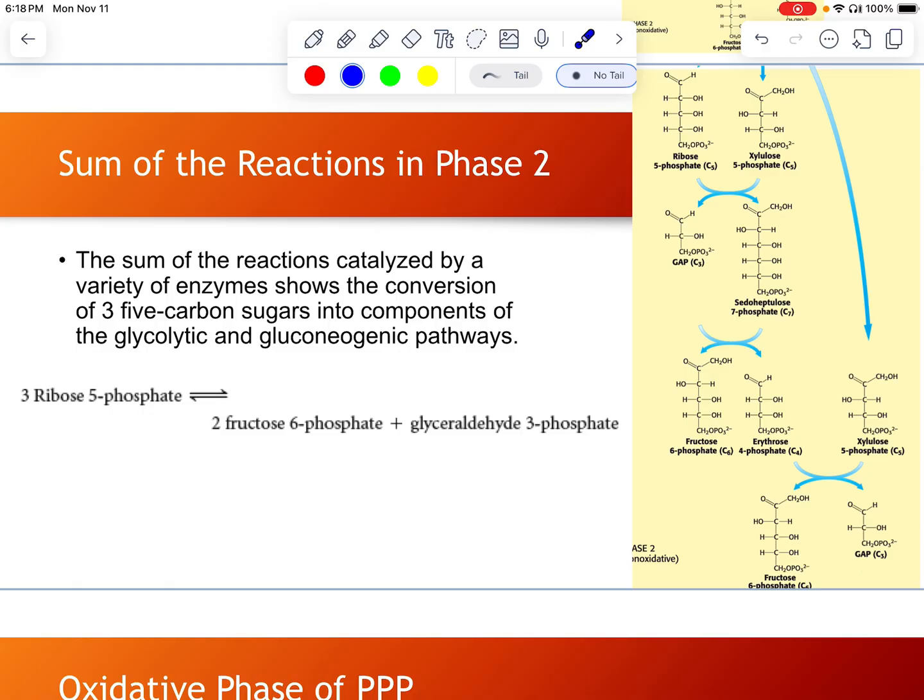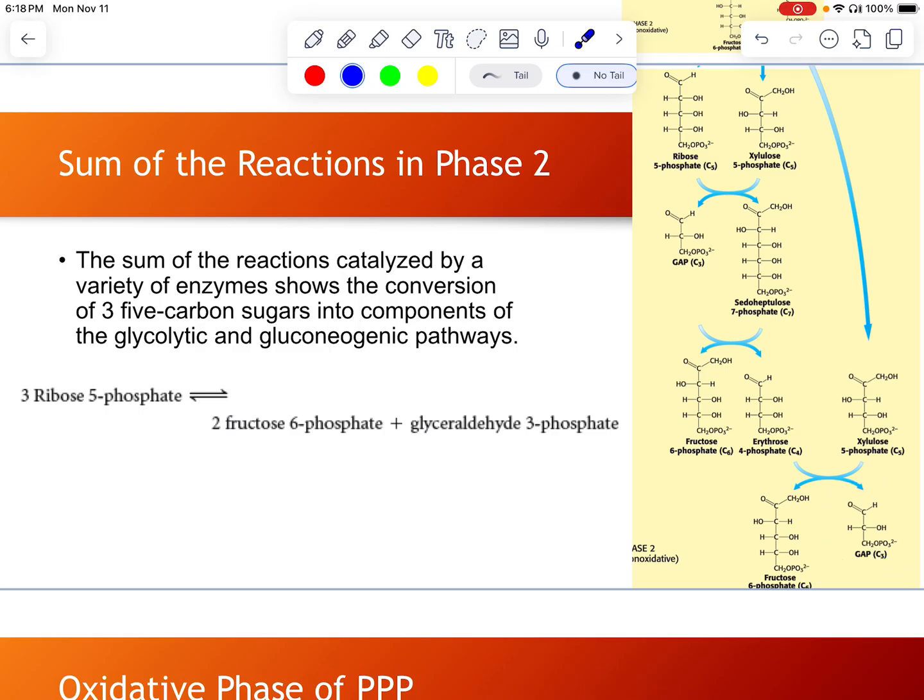And this would be our net reaction. If we started with 3 of the ribose 5-phosphates, we would get 2 of these fructose and 1 of the glyceraldehyde 3-phosphate.